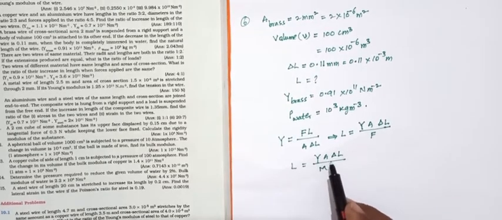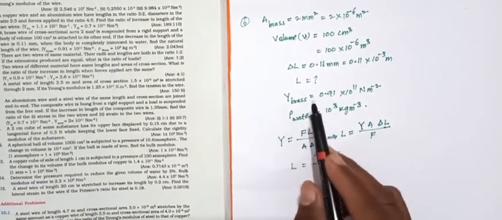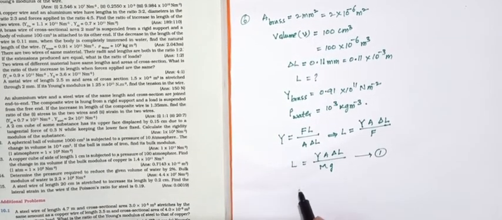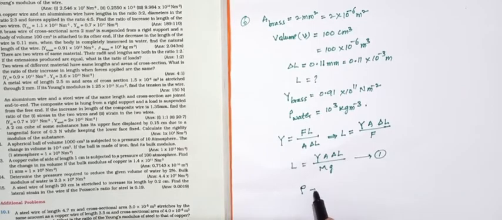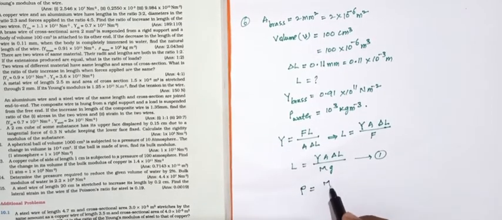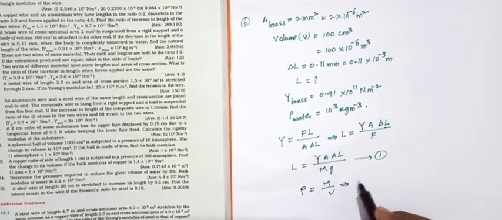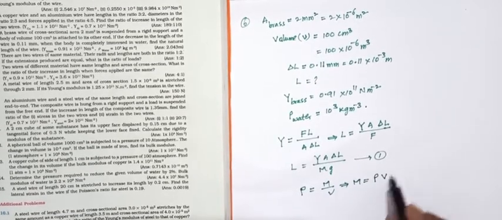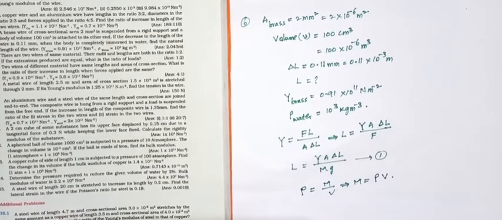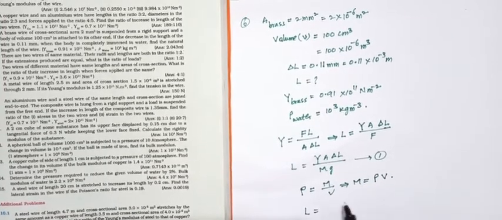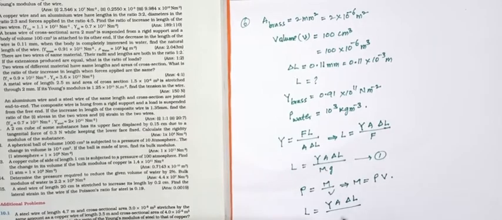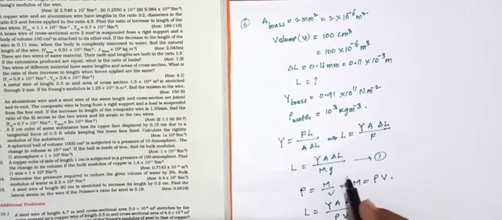What is the mass? This is equation number 1. Density equals mass by volume, so mass equals rho, density, into volume. We substitute in equation number 1, so length L equals Y A delta L divided by rho into V into G.